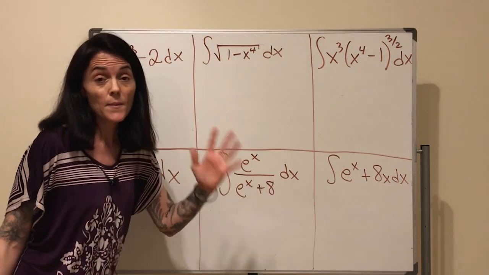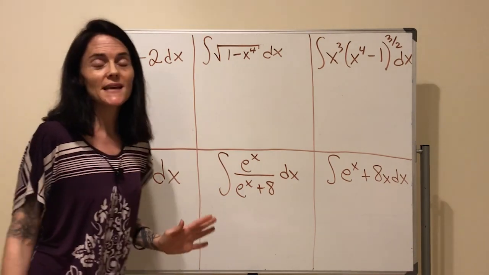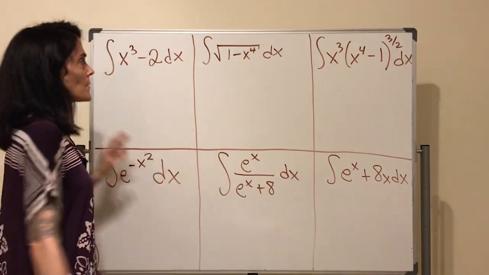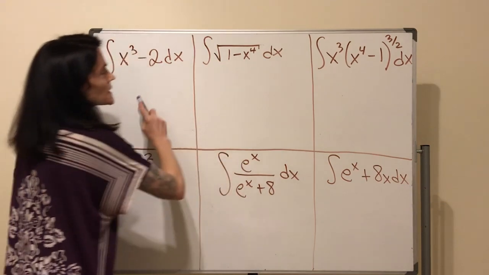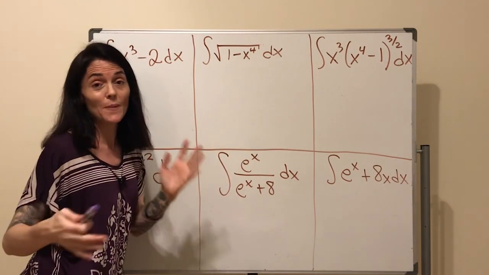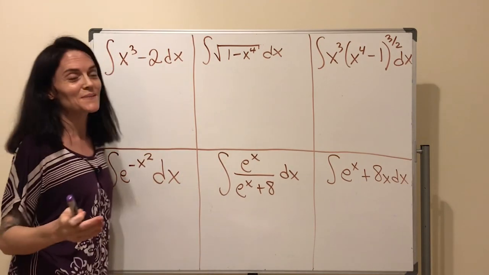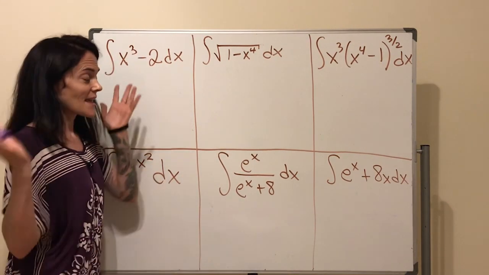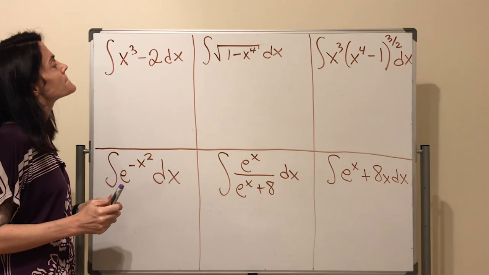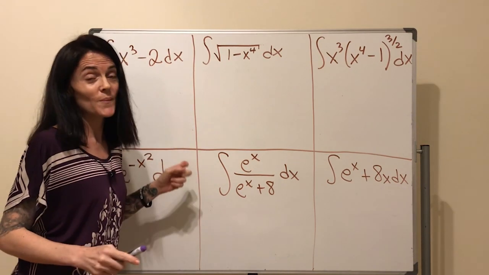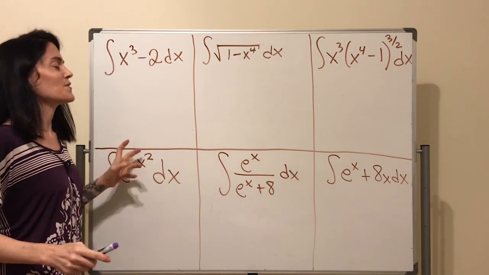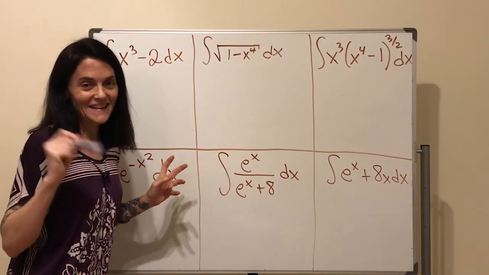What I have on the board is 6 integrals, and they are organized by row. The first row, you see, they're all kind of similar. We see powers of x. And the second row, they're all kind of similar. We see e to the x in it somehow. But each row has the property that one of the 3 integrals we can do right now.